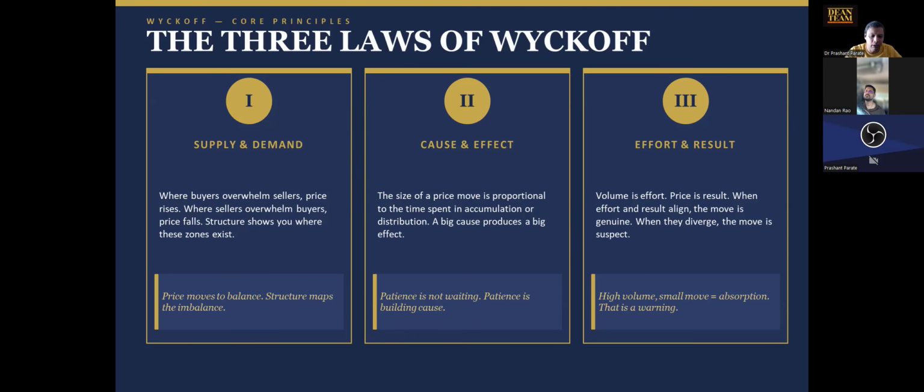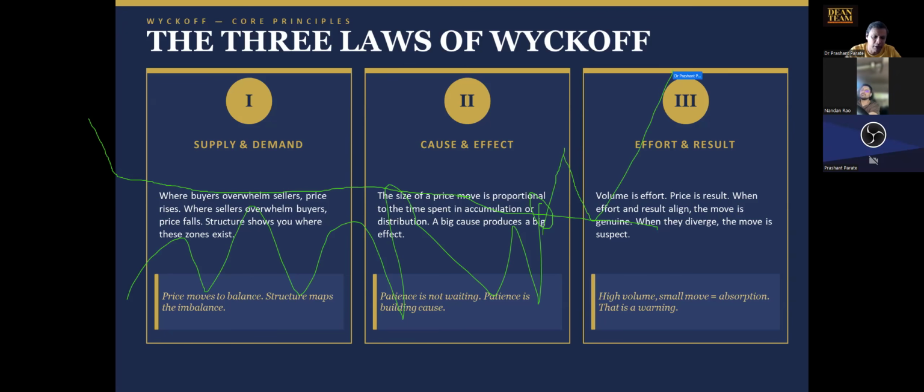Then for cause and effect, I use my bands to understand whether there is adequate cause built or not. When price is below the band for a long time, it can be possible that there is a strong cause built. And when prices go above that, then we know it is time to look for a new effect to take place.